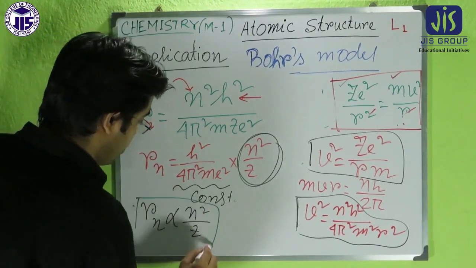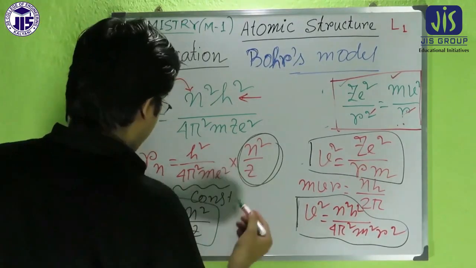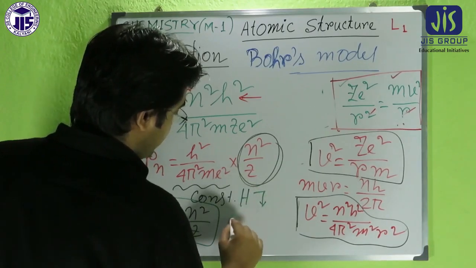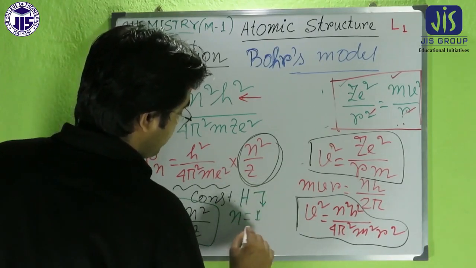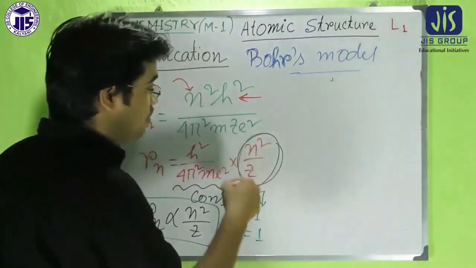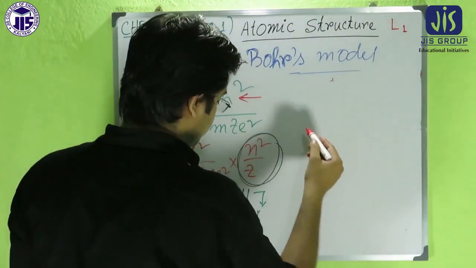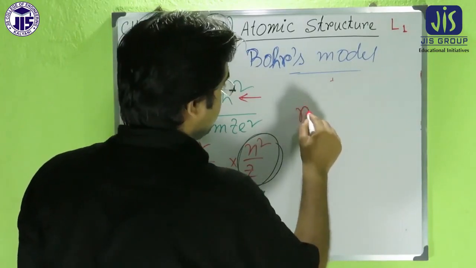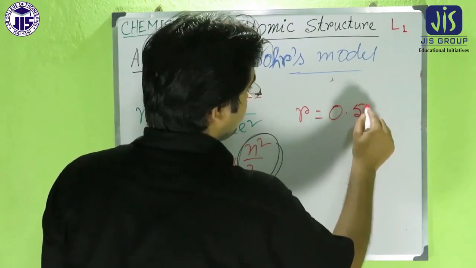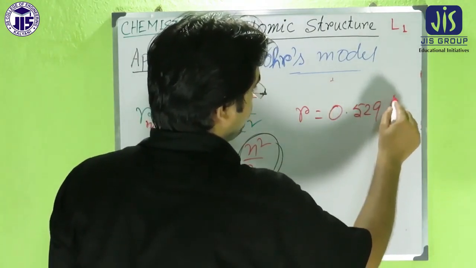That is very important. If we put the values for the hydrogen atom, n equals 1 and z equals 1. So if we put all the values for the hydrogen atom, then R equals 0.529 angstrom.